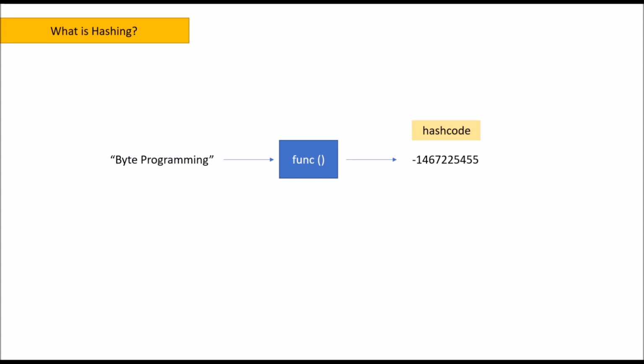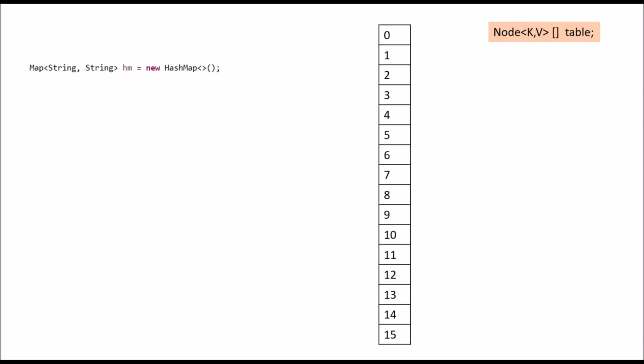Now let's see how the put operation works in HashMap. We can create an object of HashMap using Map hm equal to new HashMap, and internally an array of nodes will be created, and each of the boxes 0, 1, 2 is called an index.